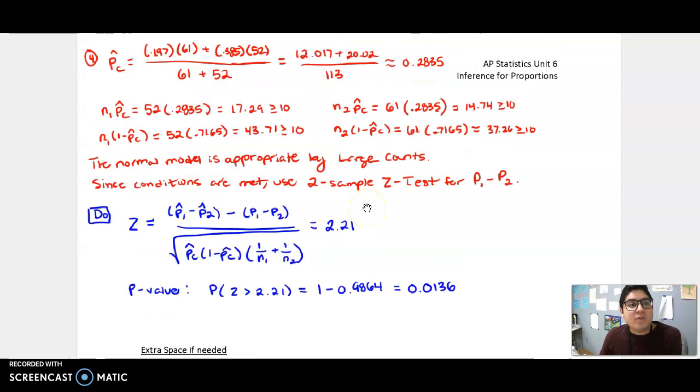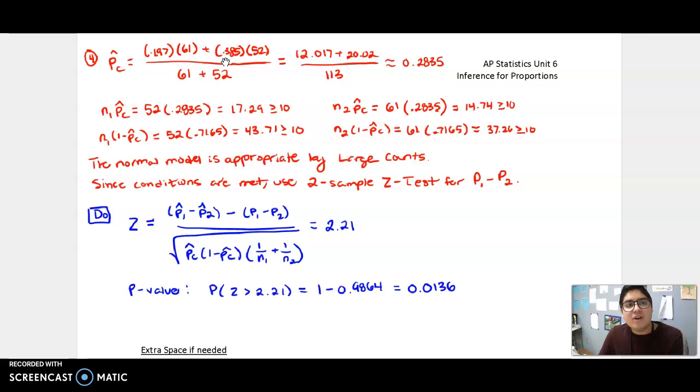Okay, so to compute the pooled proportion, again, I want to find x1 plus x2 over n1 plus n2. You'll notice here that I'm multiplying two numbers, p hat 1 and n1. I'm doing this because I don't know the full successes yet, but I know that 19.7% of 61 randomly selected plants were successful. If I calculate that, that's really about 12.017 of the 61 plants, and I would round to 12.